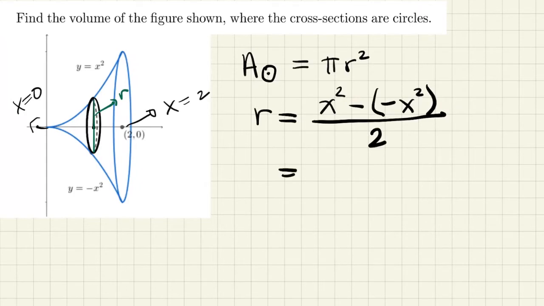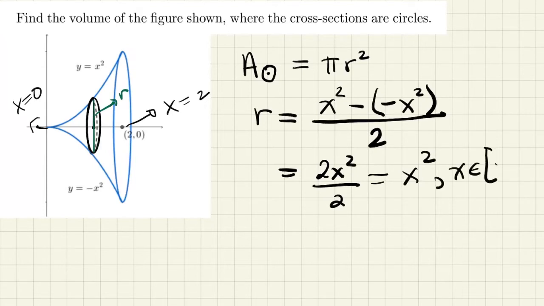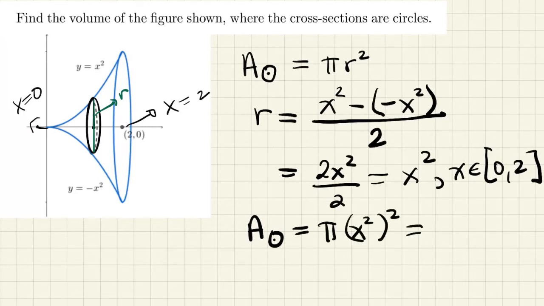So this is equal to 2x squared over 2, or simply x squared. So the radius of any arbitrary circle here is x squared. Okay? Of course, for x on the interval 0 to 2. Therefore, the area of the circle is simply equal to pi x squared squared, which is equal to pi x to the 4. Of course.